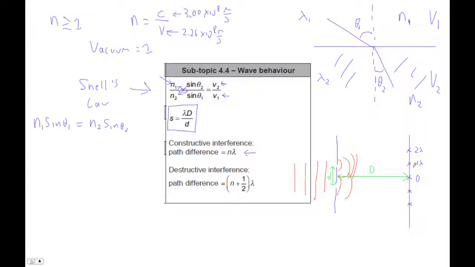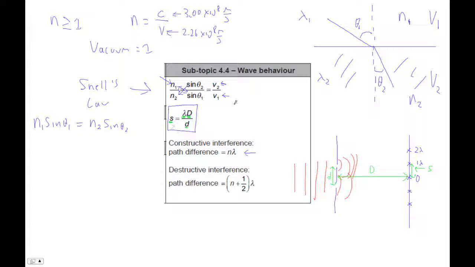S is this distance here, the distance between one bright spot and the next. Because my drawing is greatly exaggerated, d looks about the same size as S, but d is really quite small, a fraction of a millimeter, right? And this is our S, right? So they're saying that the distance that these dots are separated is the wavelength of light times the distance to the screen over the distance separating the slits, right?